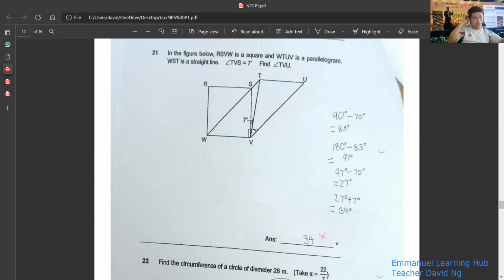When you do the question and you just minus off like this without applying the concept of a parallelogram, like inside a parallelogram there are parallel lines, and if you don't need to use alternate angles and corresponding angles, that means you're on the wrong track.